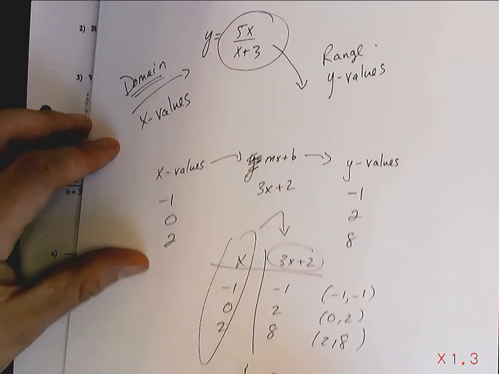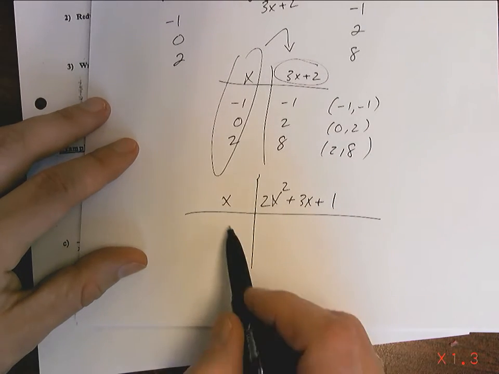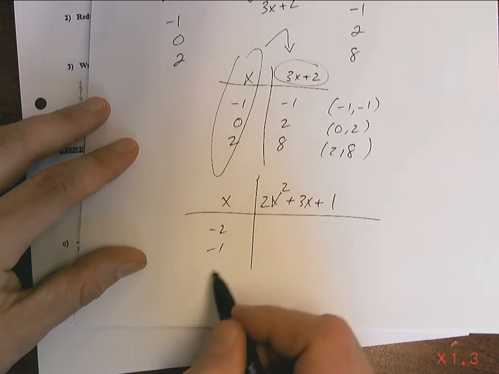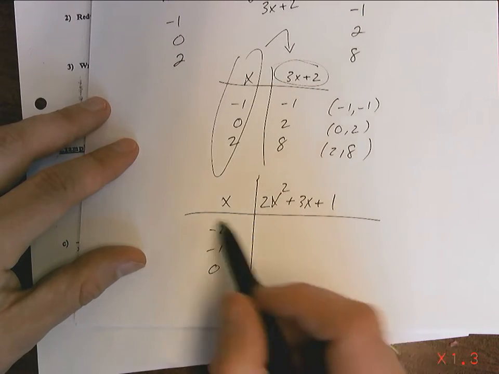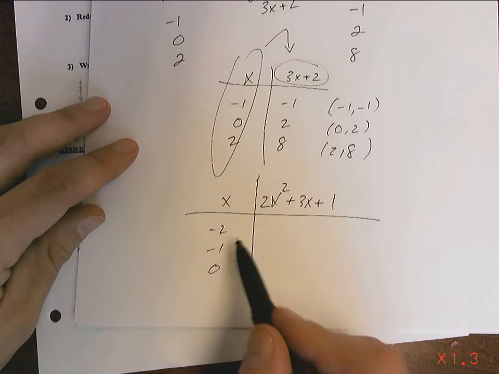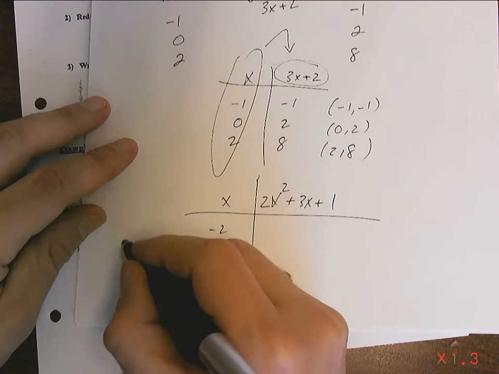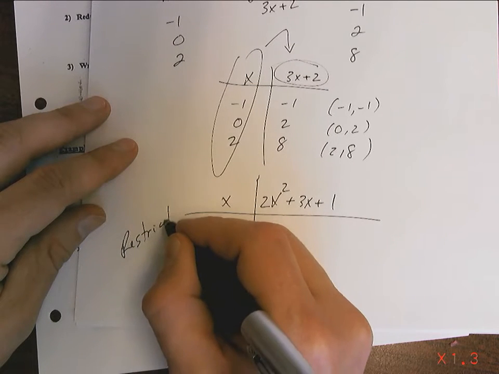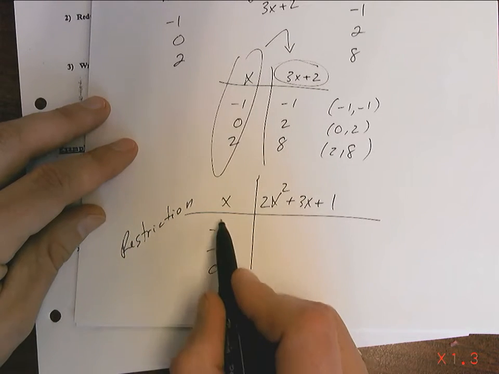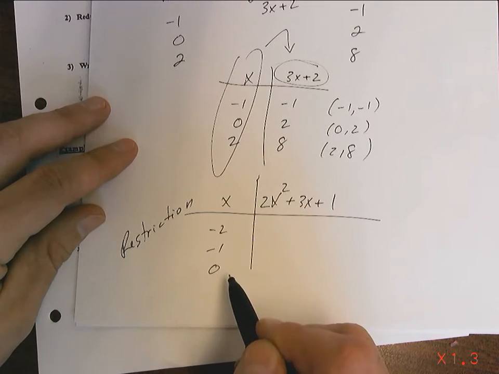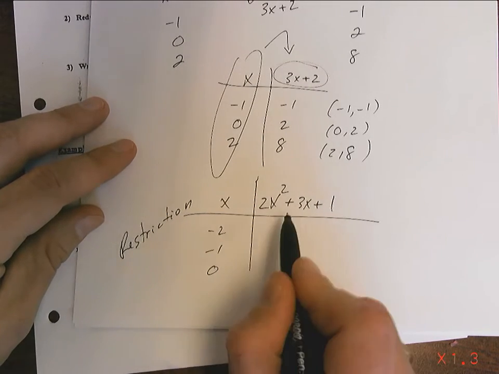You could put any values of x that you wanted to in here. So you pick negative 2, negative 1, 0, whatever you wanted. There was no restriction. There was no limit. There's that word, restriction. There was no x values you couldn't choose. Every single x value had a place on that.